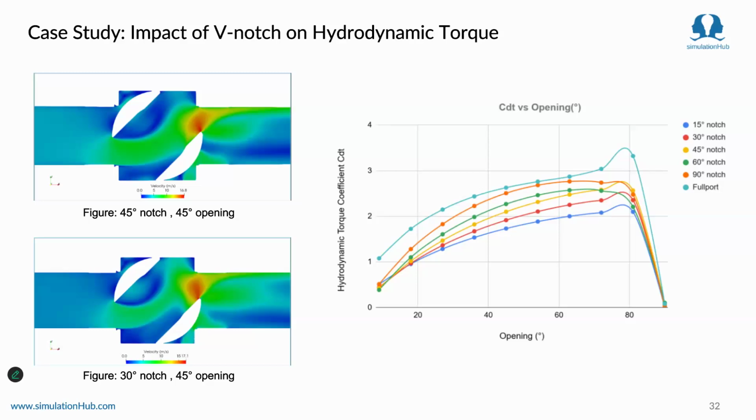As we go on increasing the V port, the CDT is increasing, meaning you need to size the actuators accordingly to fit your application. And this can be done only through CFD, or you can manually test it. But again, before going to modeling the actual valve, you have this insight at hand, and you can provide these insights to your end customers or to your internal team to size the actuators correctly.